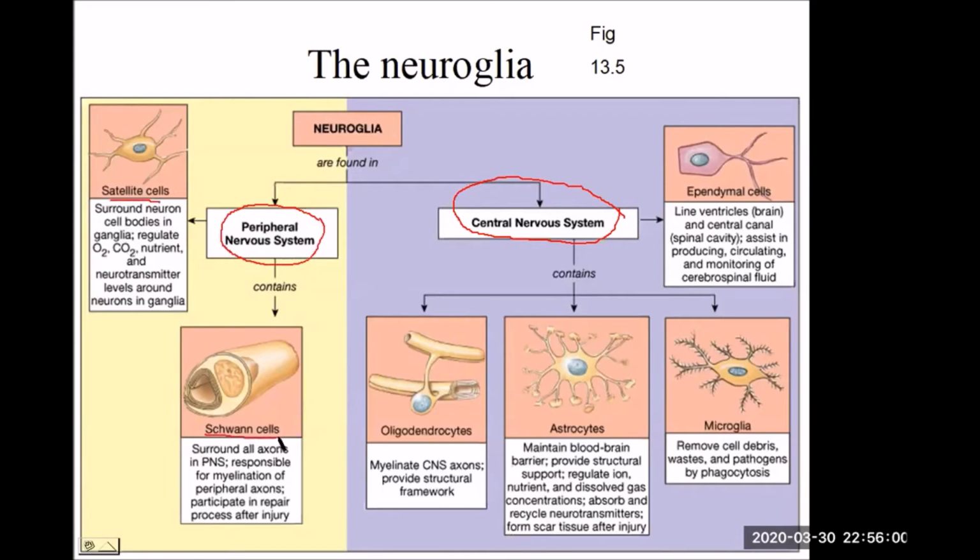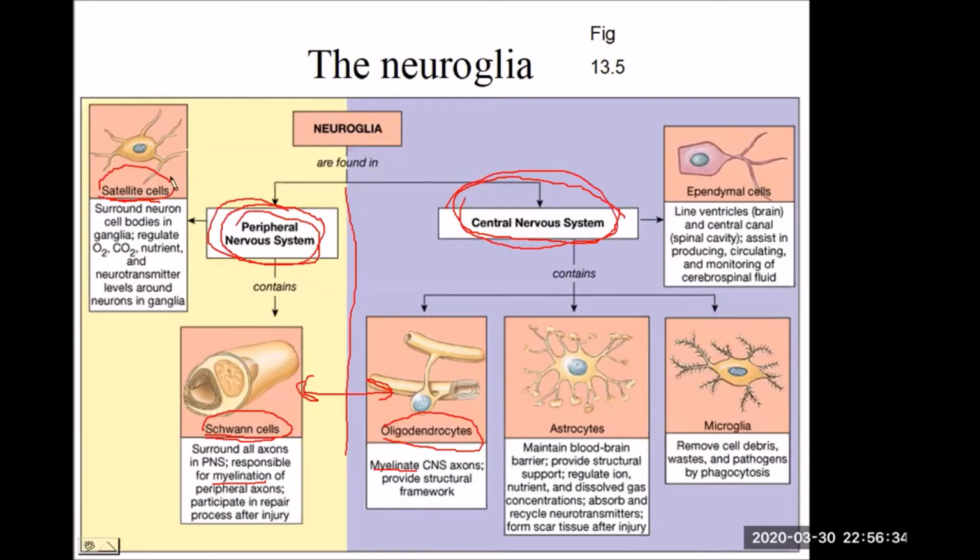And this figure is great because based on location, these two cells, a Schwann cell and a satellite cell, are very similar to two of the cells on this side. So if we just take a look, Schwann cells, there it is, myelination, and oligodendrocytes, myelination. So these two cells principally have the same job, just in different areas of the nervous system. So we want to group those together.